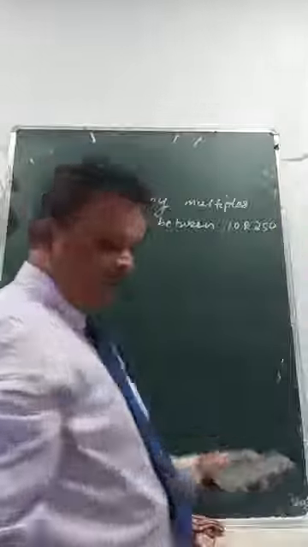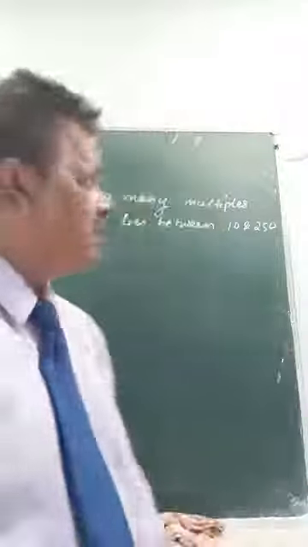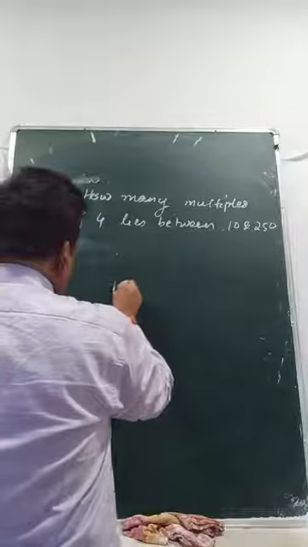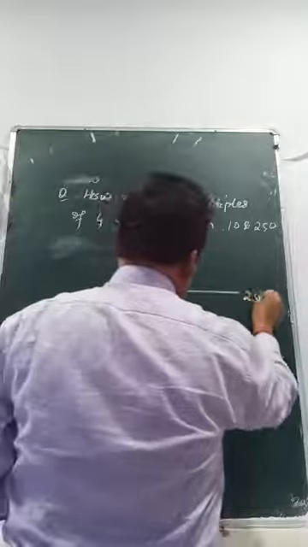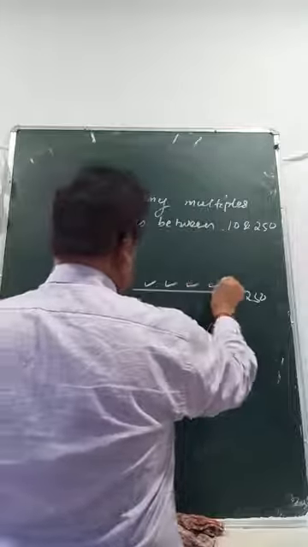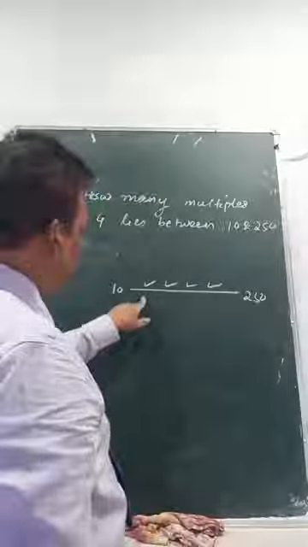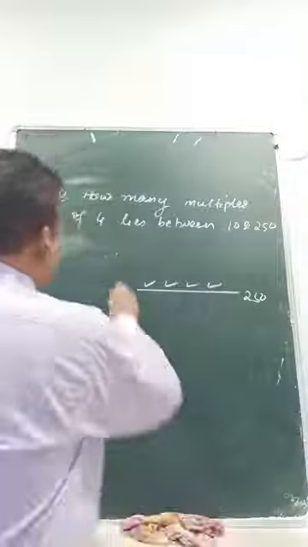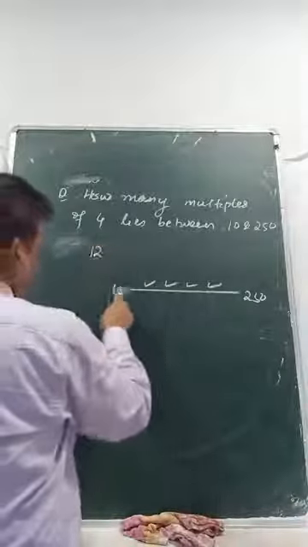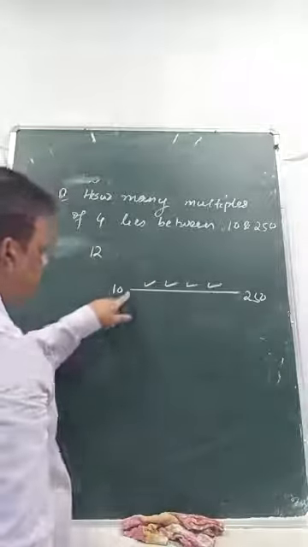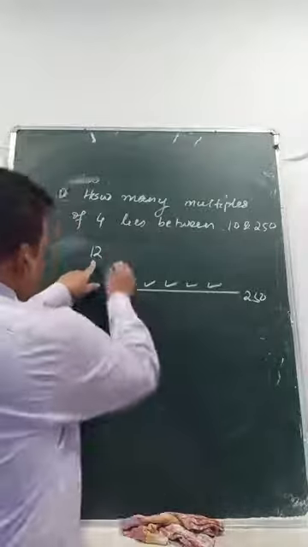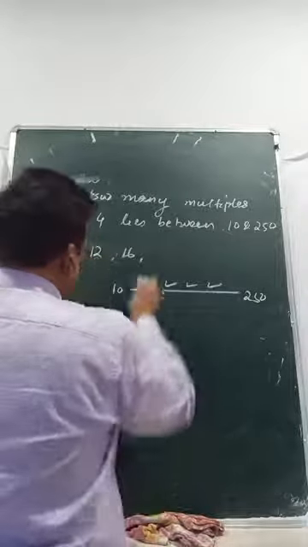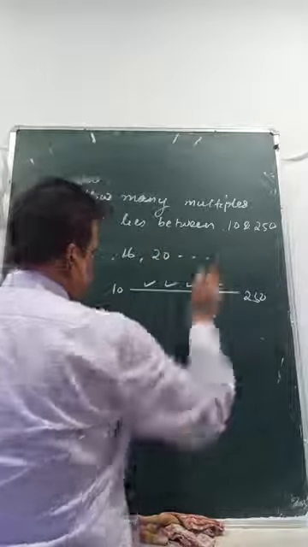You have to find the numbers between that. After 10, which is the next number divisible by 4? That is 12, because 10 is not divisible and 11 is not divisible. So 12, then the next will be 16, because it is a multiple of 4, then 20, like this.